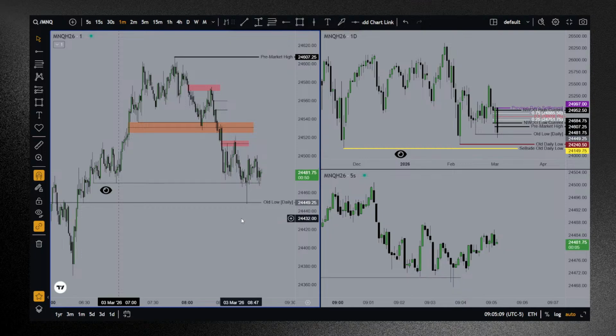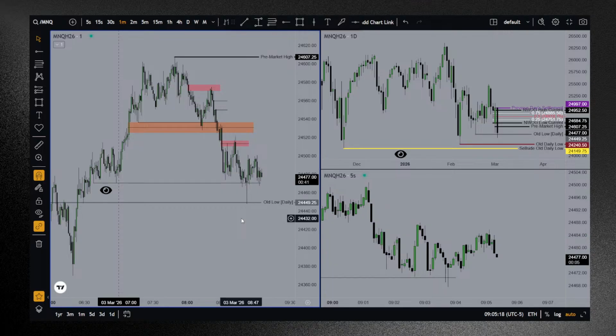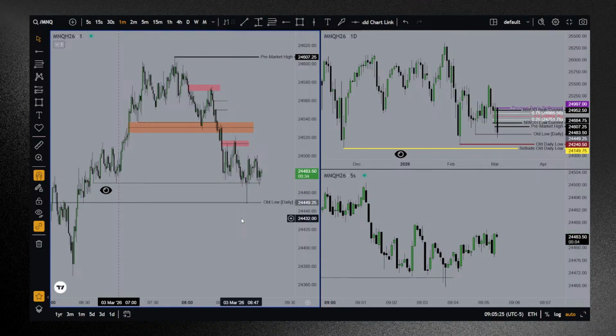Especially if we are in a hard, difficult range on the daily chart, then one trade per week is actually the smartest way to approach that type of environment.